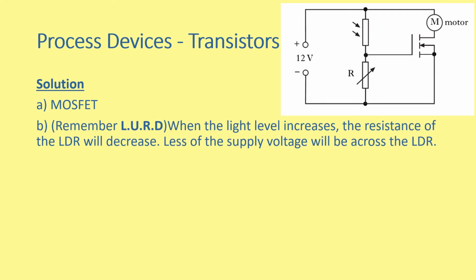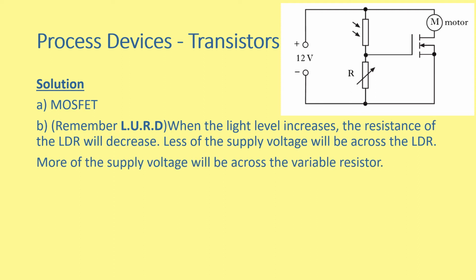And the second part of the question was to explain how the circuit works to operate the blind. First of all, we need to remember LIRD. When the light level increases, the resistance of the LDR will decrease. Less of the supply voltage will then be needed across the LDR. That means more of the supply voltage will be needed across the variable resistor because it has to keep a balance. Our supply voltage, this 12 volts here, is staying the same.